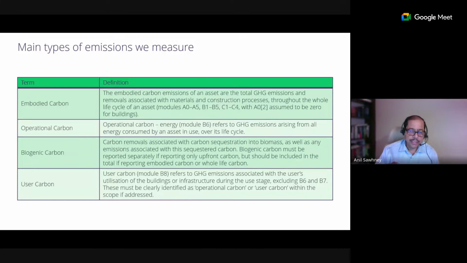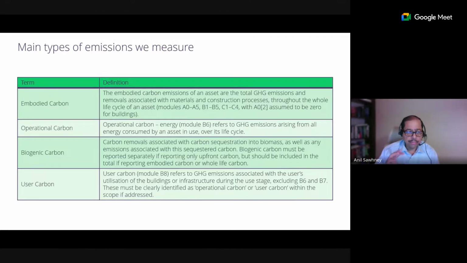So, simple example would be a timber beam. Let's say you're using a timber beam in your project. The carbon emissions or removals associated with that timber beam are called biogenic carbon. Okay, the biogenic carbon is again calculated and reported separately.